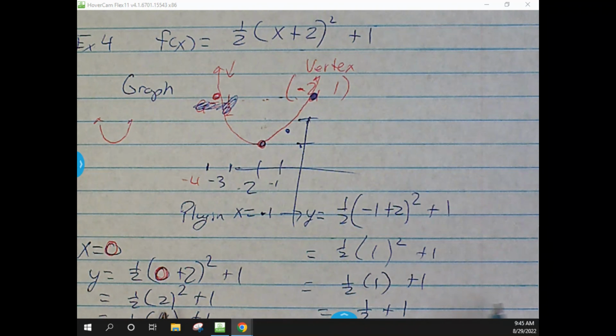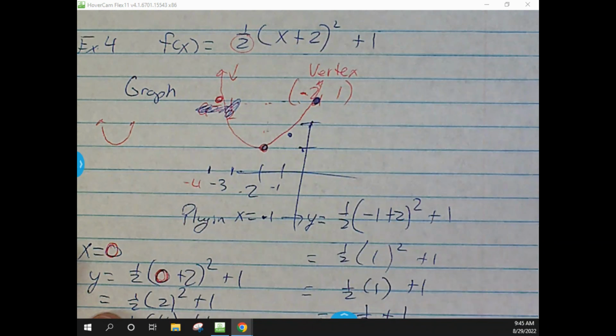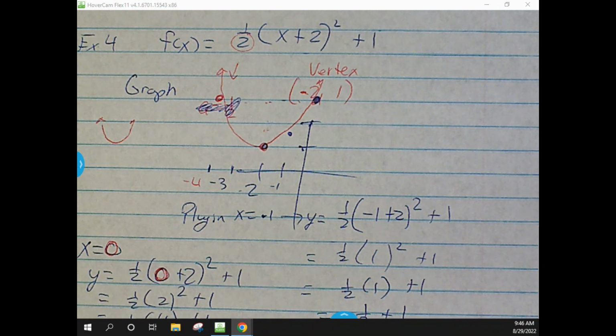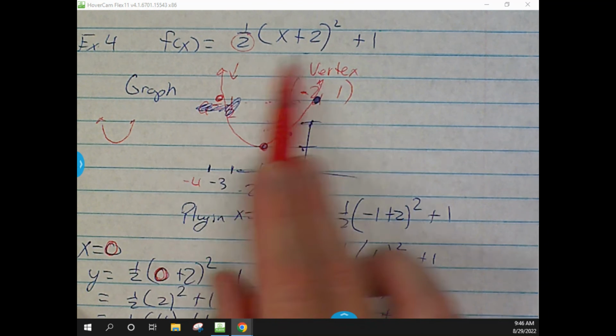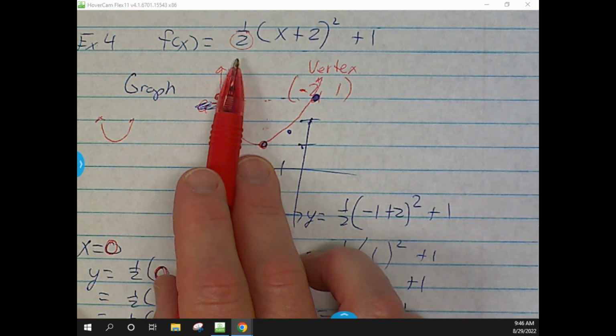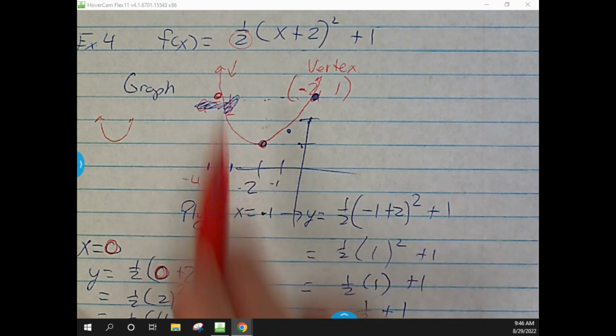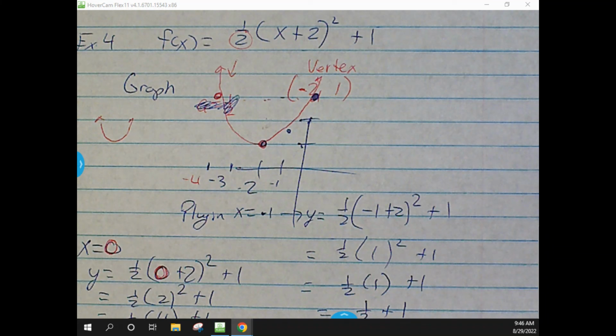And probably, honestly, in this case, what you want to do is that if this thing is 2, whatever that denominator is, that's how many spaces you need to move over. Because if you move over 1, you're probably going to get a fraction every time. If this thing is 2, then you want to move 2 spaces over. If this had been 3, you probably want to move 3 spaces over. So whatever that bottom number is, it kind of gives you a hint as to which way you want to move to get to the next point that's there.